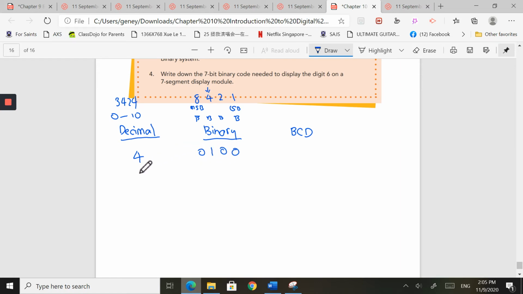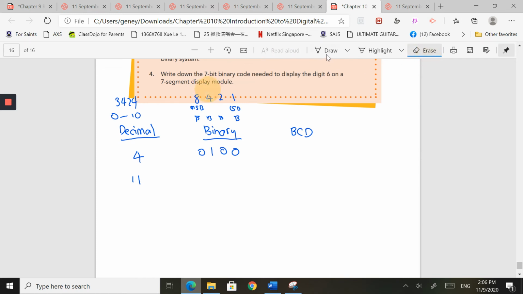This is the binary equivalent of a decimal. Let's do one more as an example. Let's say I want 11, and I want you to work out what the binary equivalent is. I'm going to write the same in 4 bits.